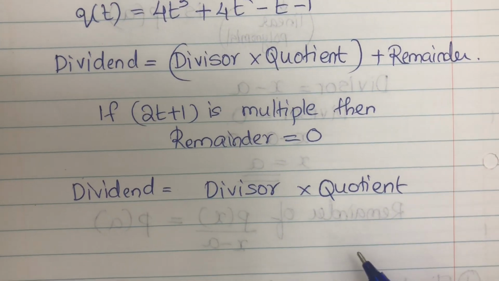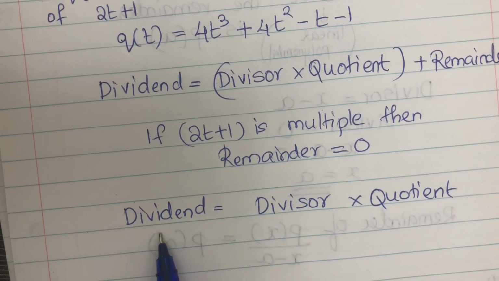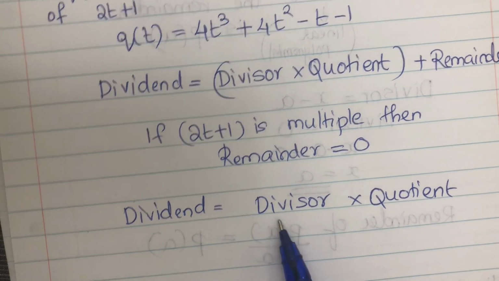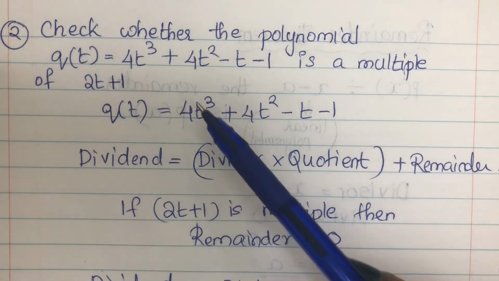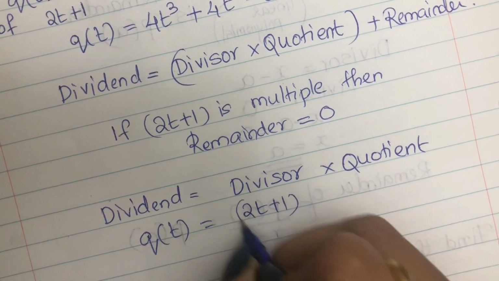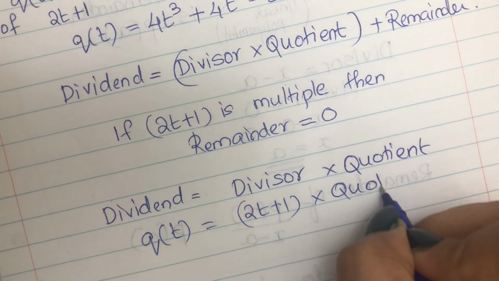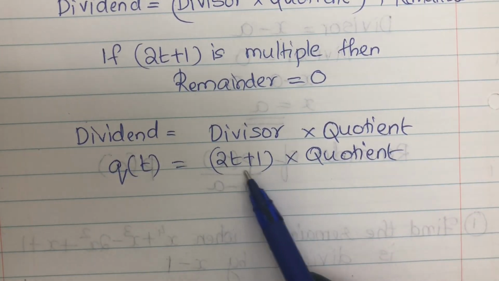Now what is our divisor? Dividend is q of t. Q of t is equal to, what is our divisor? Divisor can be 2t plus 1. So 2t plus 1 into quotient.